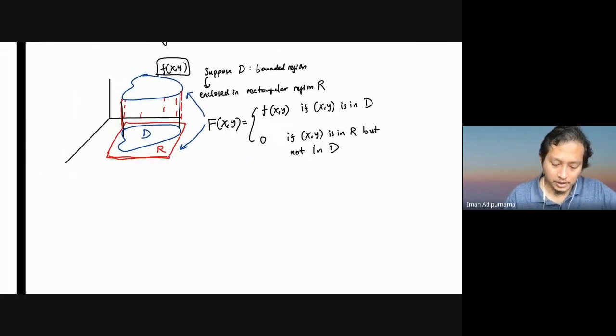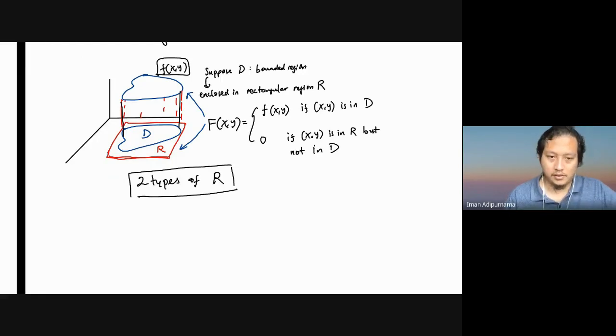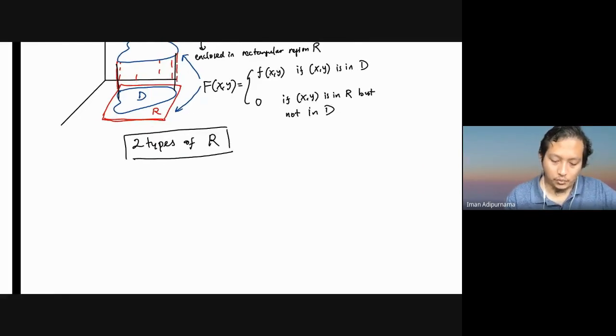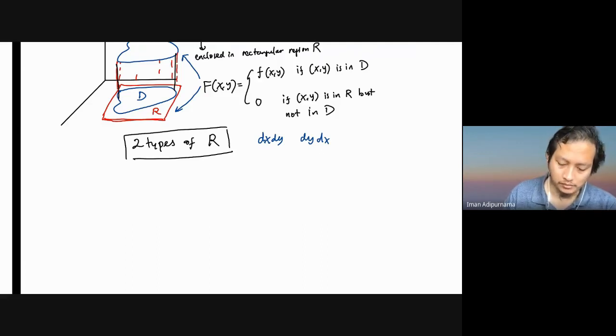You can apply it for any different regions. Basically, we have 2 types of R, because we have dx dy or dy dx. So the graph or the type that we are going to evaluate will depend on x and y.